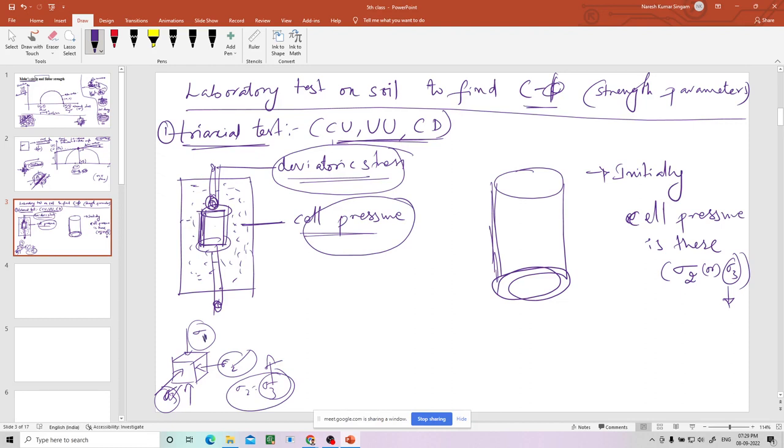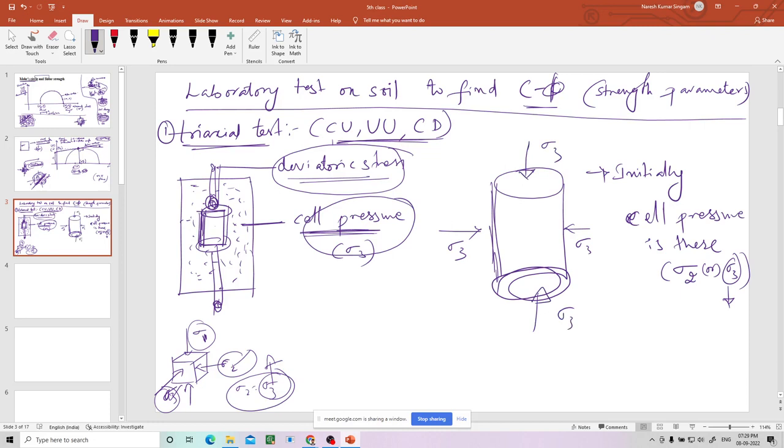Now let us give sigma 3 due to cell pressure. Cell pressure is always denoted by sigma 3. Is this sigma 3 also acting from the top? Right or not? Because of the water all around.